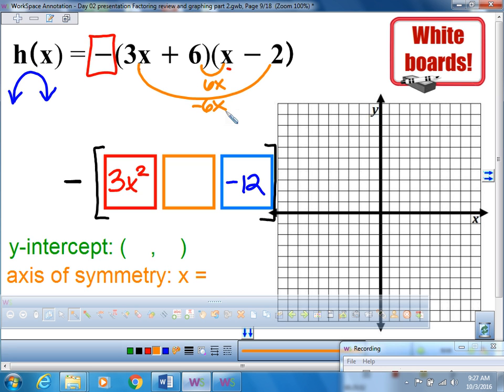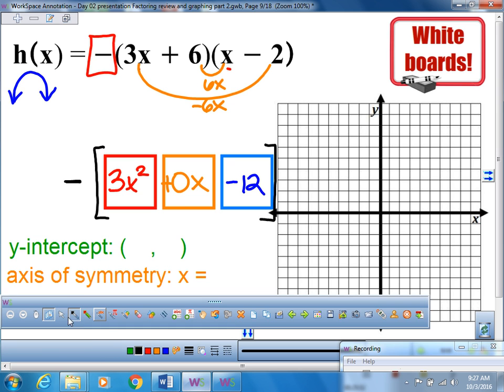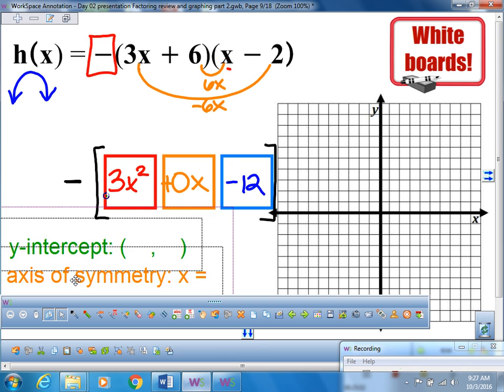Correct? So I have a 0x here. Which works, and I'm going to tell you why in just 1 second. Okay, so what's going on here now, this is not my standard form. My standard form is actually here. Let's move these guys. I wish I wouldn't have hit this one until I started factoring. Oh well.